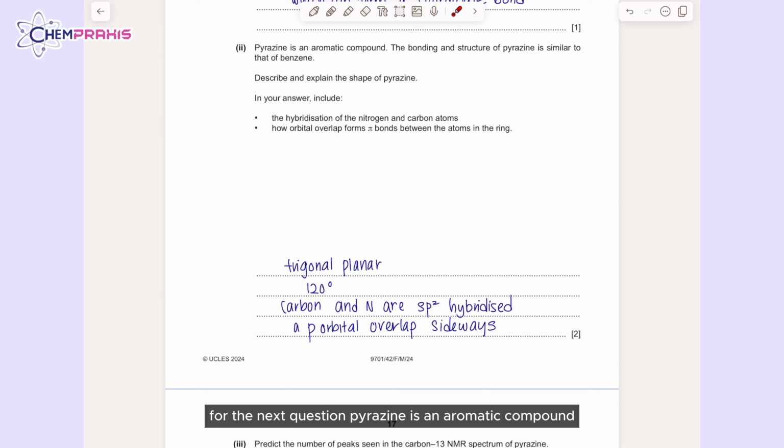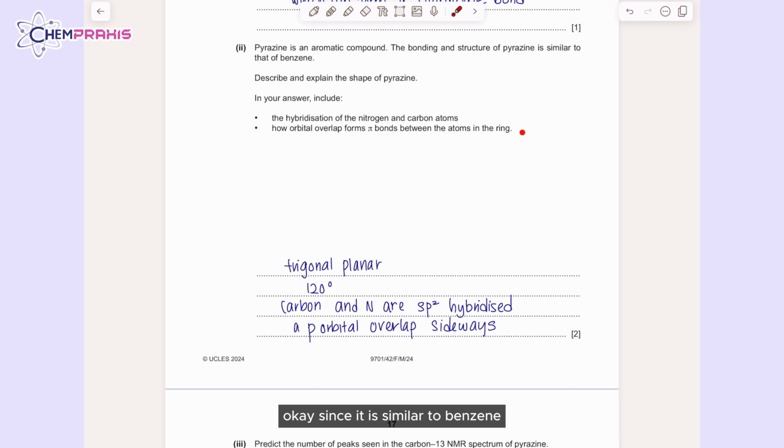For the next question, pyrazine is an aromatic compound. The bonding and structure of pyrazine is similar to that of benzene. Describe and explain the shape of pyrazine. In your answer include the hybridization of the nitrogen and carbon atoms, and how orbital overlaps form pi bonds between the atoms in the ring.